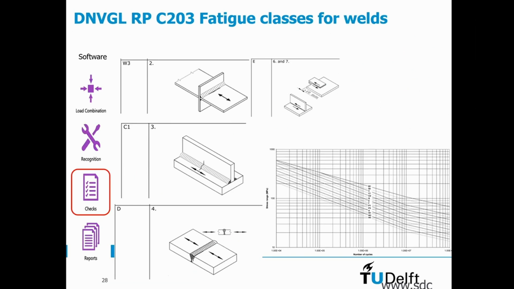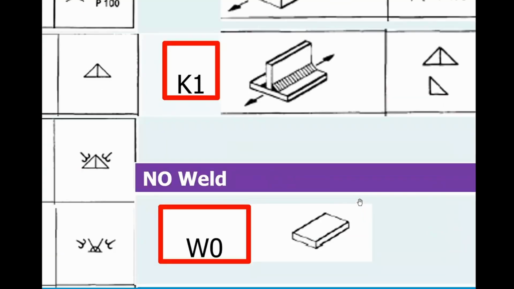This is of course also valid for other standards. The DNVGL uses a different method. They have a W3 class for stresses perpendicular to your weld. And for stresses along the weld, you have a C1, which is a much better class.